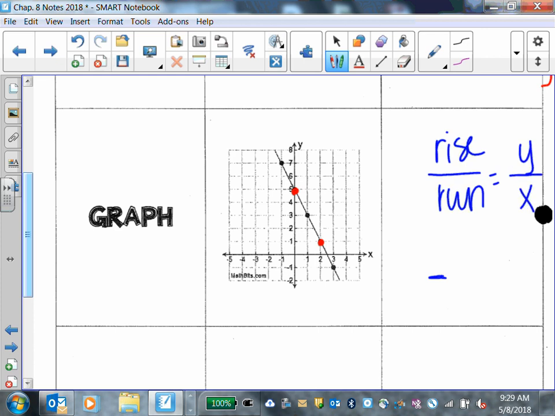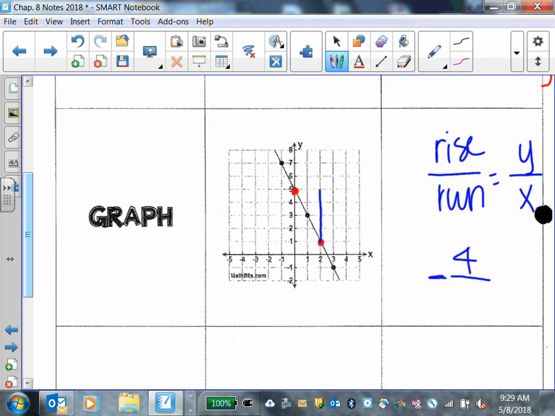Alright, so I want to go from this red dot up to this red dot. Everybody with me? So if I'm here, how much did I rise to get 1, 2, 3, 4? How many did I rise? 4. To get in line with this red dot, I went 1, 2, 3, 4. So I rose 4.